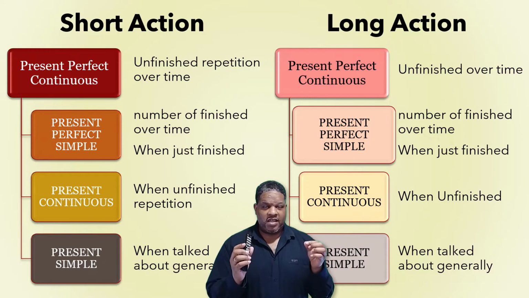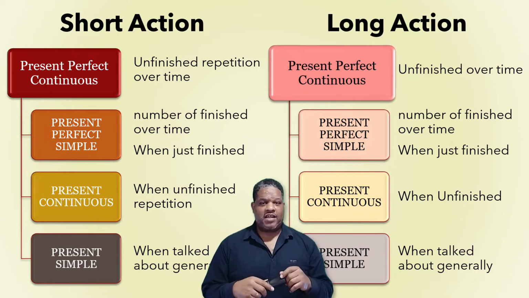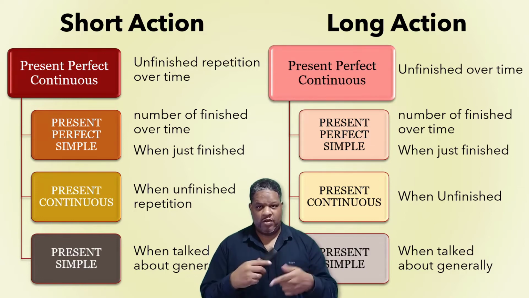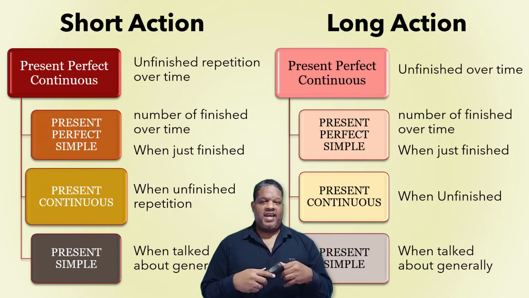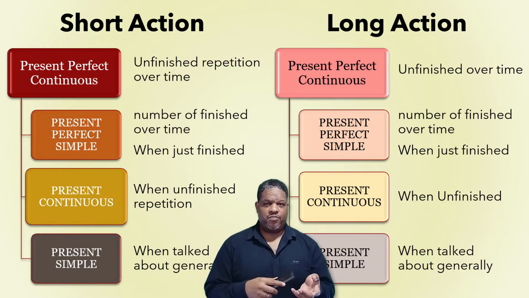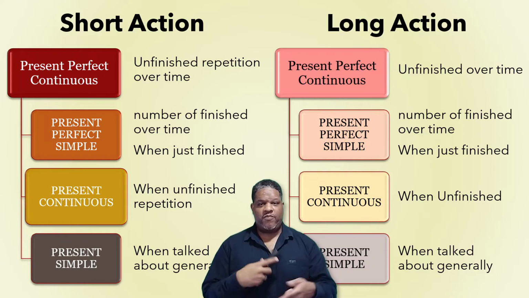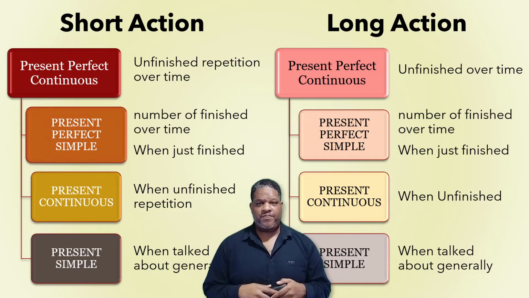But when we're doing it, it's continuous. Now, the short action, when it repeats, it's continuous. And when we say how many times we've done the short action, it's perfect simple. When we say for how long we've been repeating this short action, it's perfect continuous.